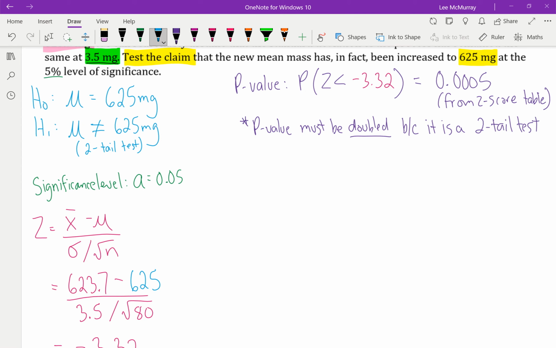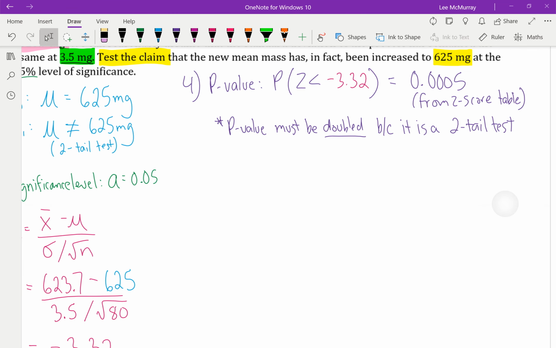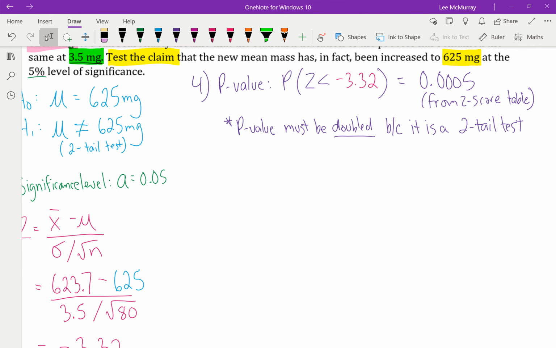Okay, I'm just going to come back here and write some numbers so we remember the order here. 1, 2, 3, 4. Yes, the p-value must be doubled because it's a two-tailed test.